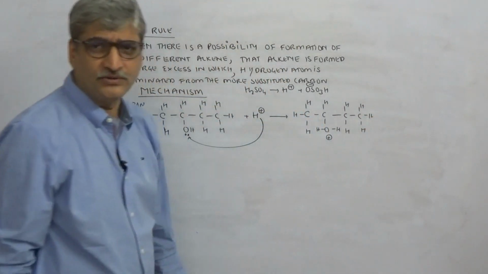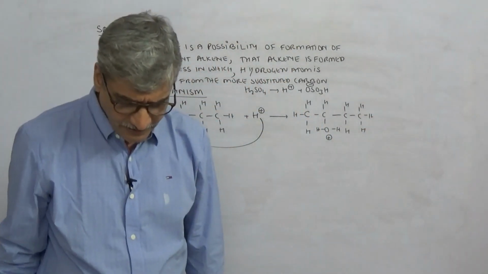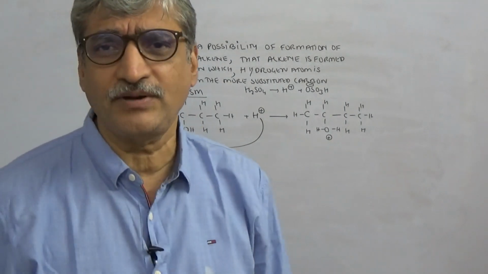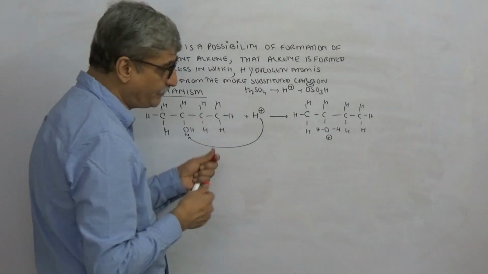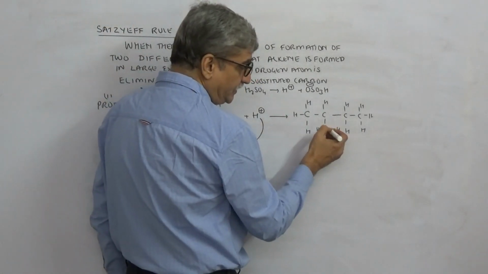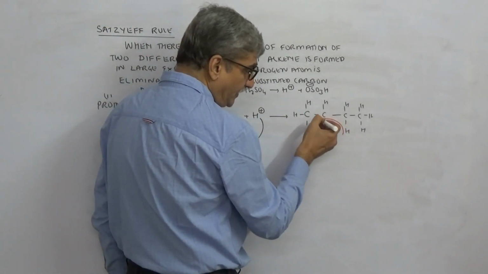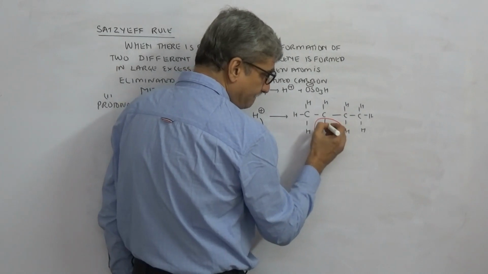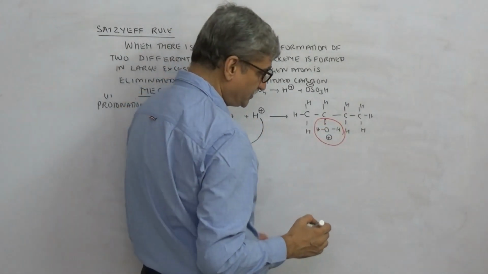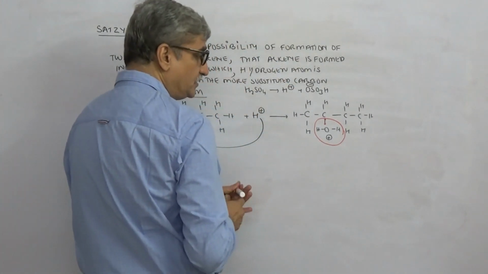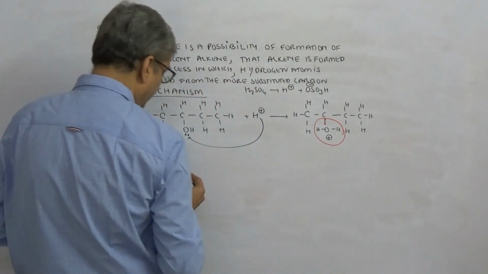I had always told you, the moment an electronegative element acquires a positive charge, it's going to be unstable. So here, look at how I am putting it: this oxygen goes with the bond pair of electrons of carbon also. It becomes H2O, its lone pair is restored. But in the bargain, what do you get?